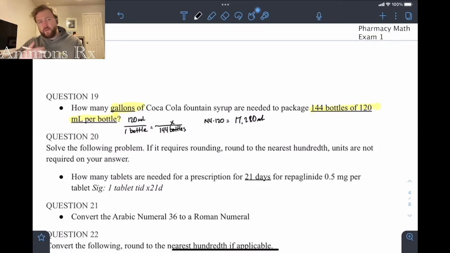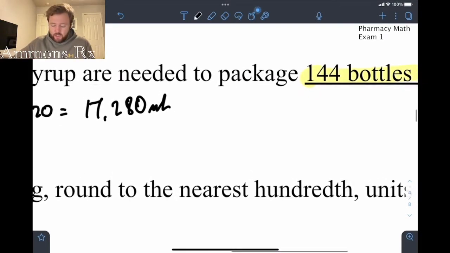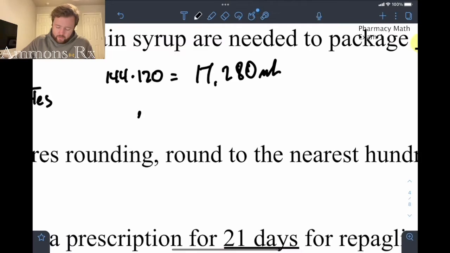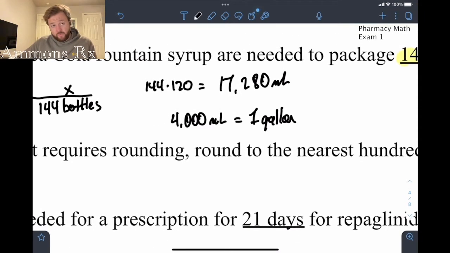Okay, so I'm going to give you a sort of cheat code. If it's not on your memorization chart, I want you to memorize the fact that there are 4,000 mils in 1 gallon. Like I said, this is an approximation.